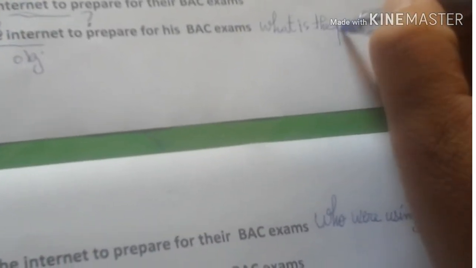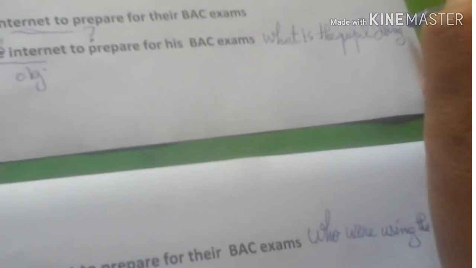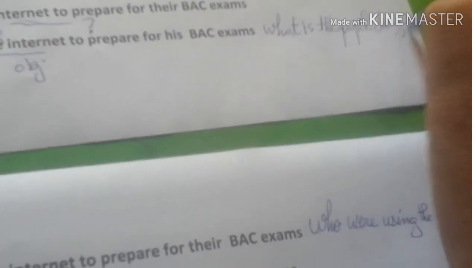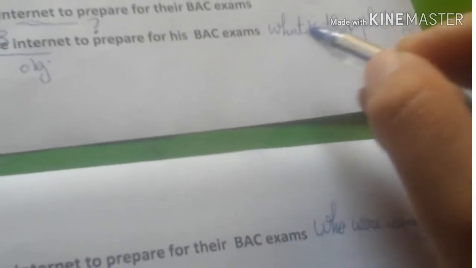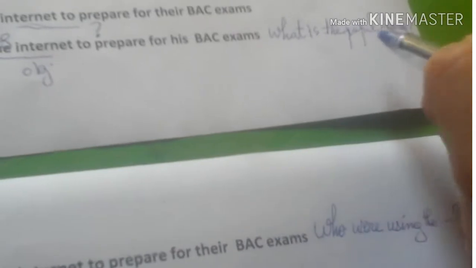What is the pupil doing? We don't say using, we say doing, because we are asking about the verb, so we don't write the verb again. What is the pupil doing?